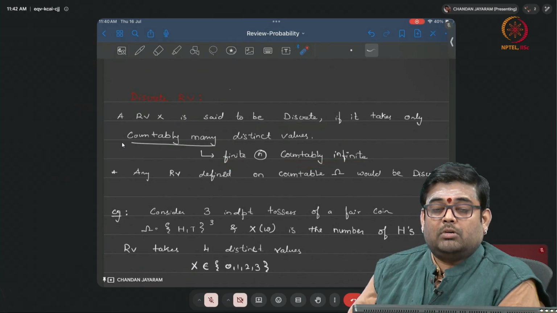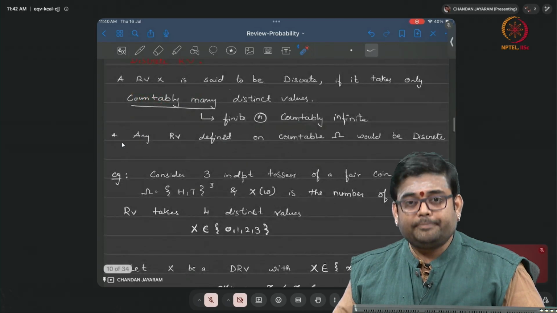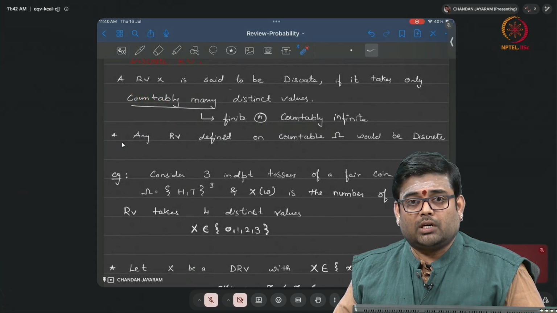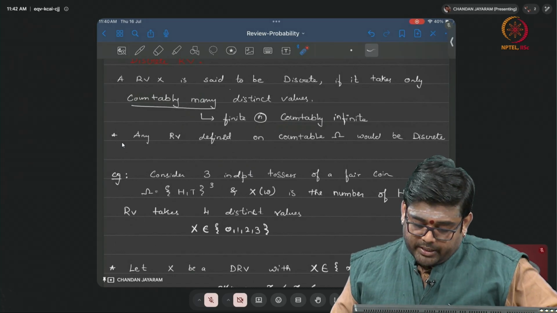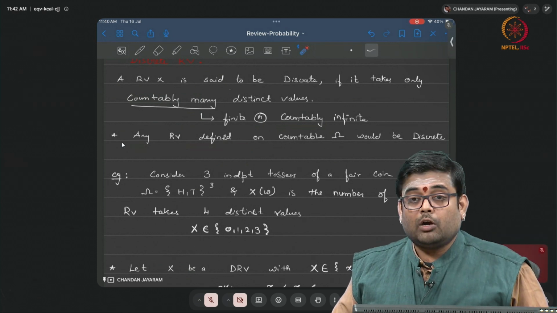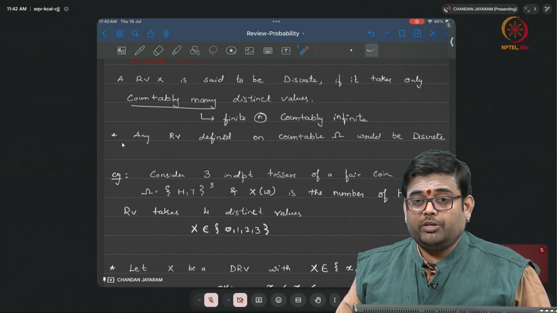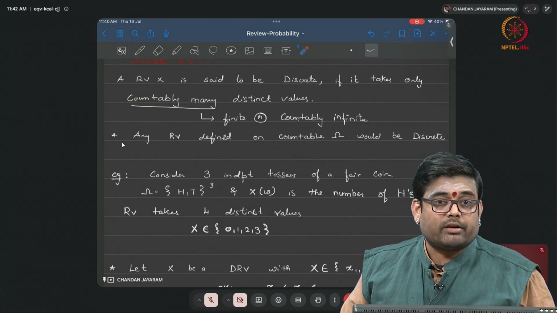I am assuming that the viewers of this course are comfortable with the difference between countably infinite and infinite. So any random variable defined on a countable sample space omega is what we call a discrete random variable.